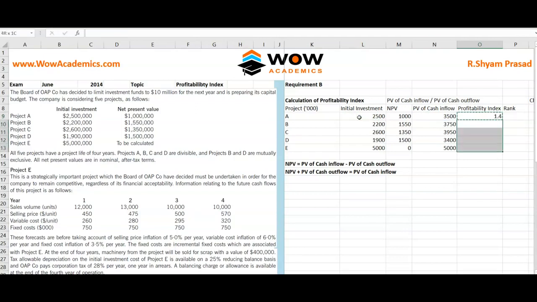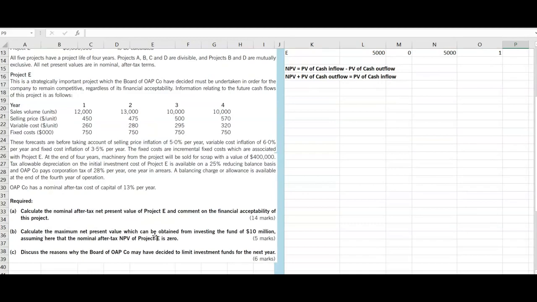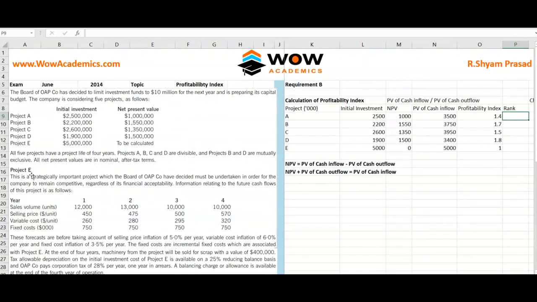So we got a profitability index. The next one is to rank. The higher the better. But here, E is strategically important, so that's what the question said. Assuming that project E is 0, and this is a strategically important project which the board have decided must be undertaken in order for the company to remain competitive.